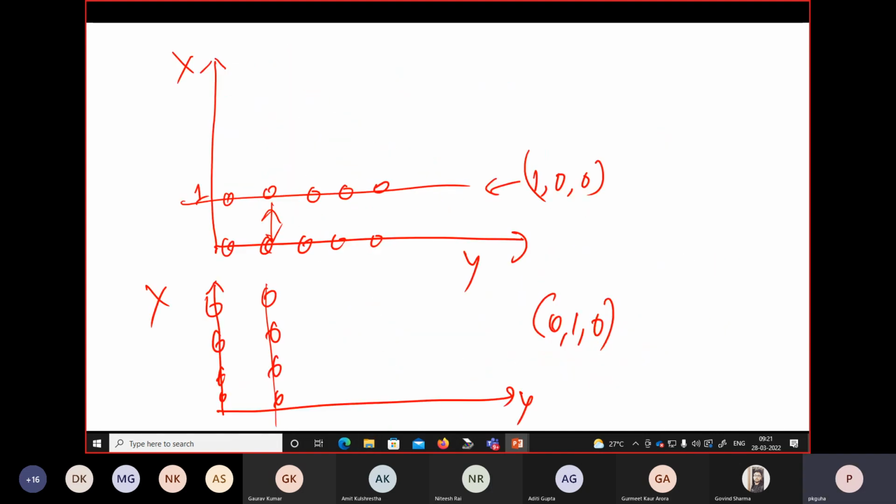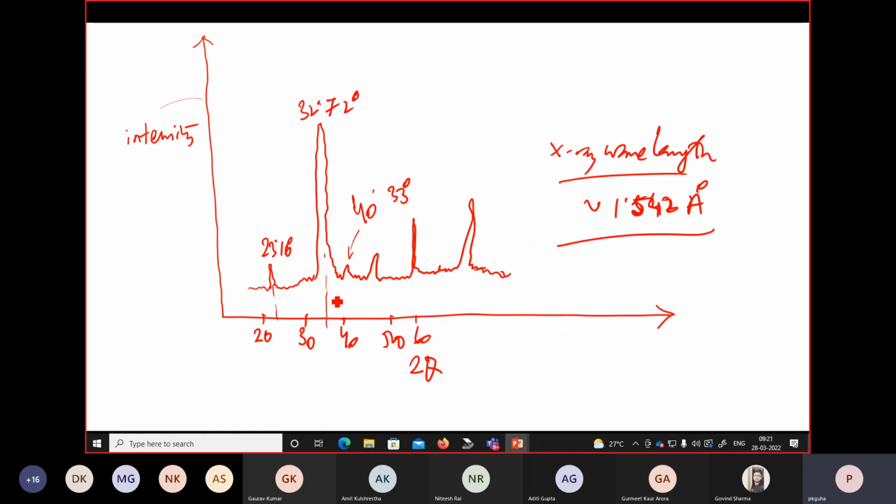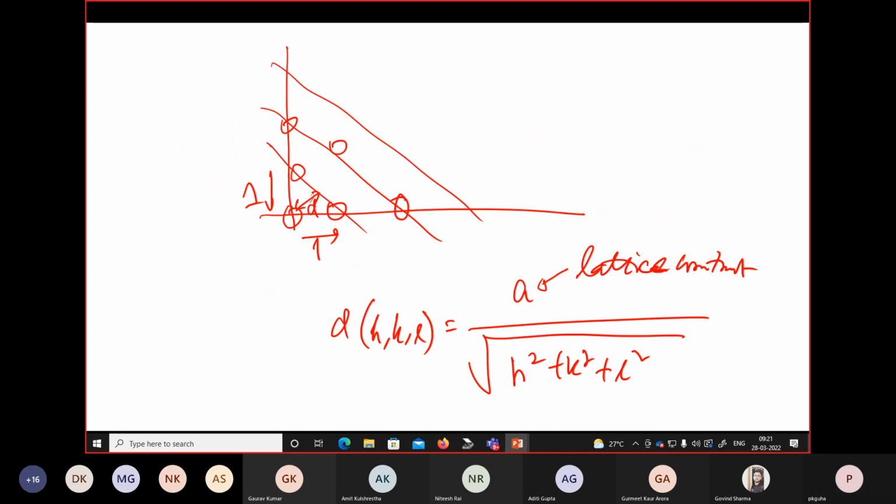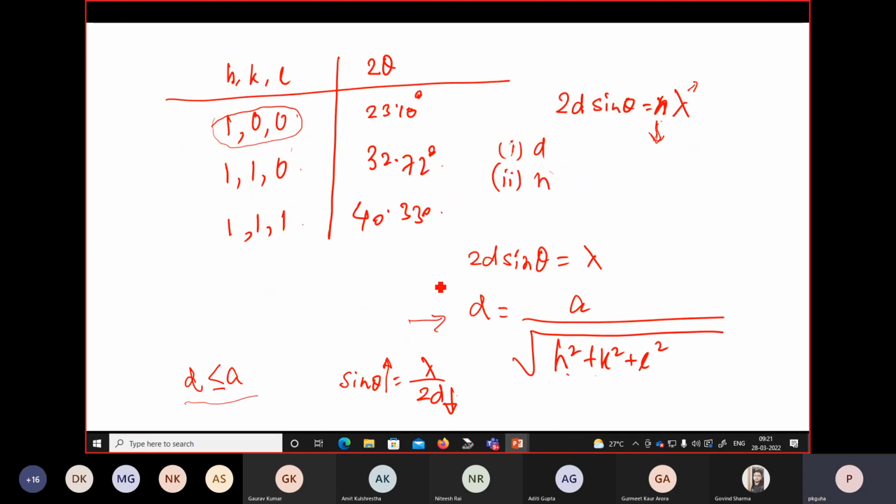So if I look at this plot, as theta increases, that means these peaks are for lower values of d, right? And what is the maximum value of d? That is a.